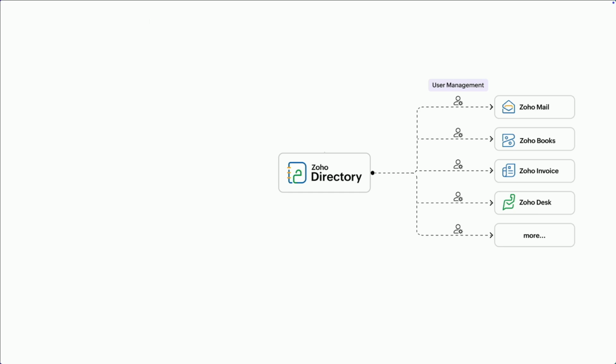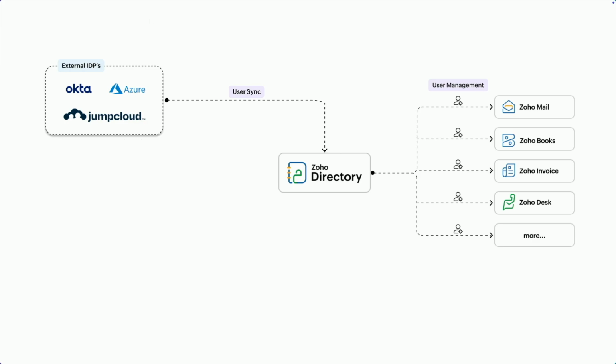But it does not stop with that. A lot of customers ask that, we already have an external identity provider or a directory store like Azure AD, Okta, JumpCloud, Active Directory. They say that you need to sync the users from there to Zoho Directory and automatically assign the apps to the user.